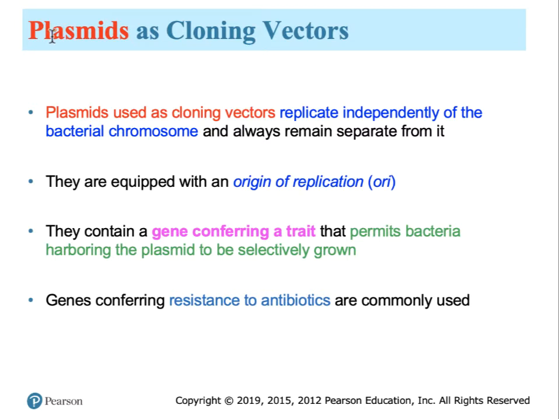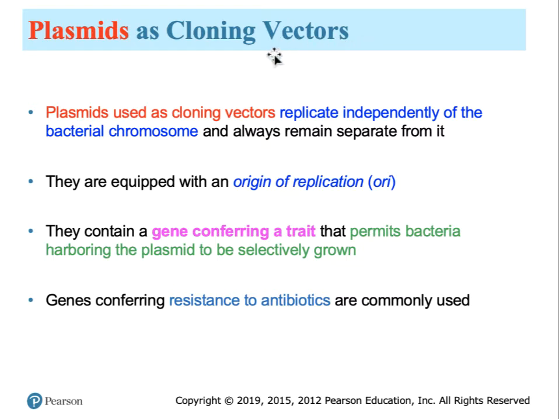Well, plasmids are naturally occurring extrachromosomal, that is outside the chromosome, DNA molecules. And they normally carry on them certain genes that are helpful to the host cell. Not necessary, but helpful. Vector is simply a name for some type of entity that helps move material.